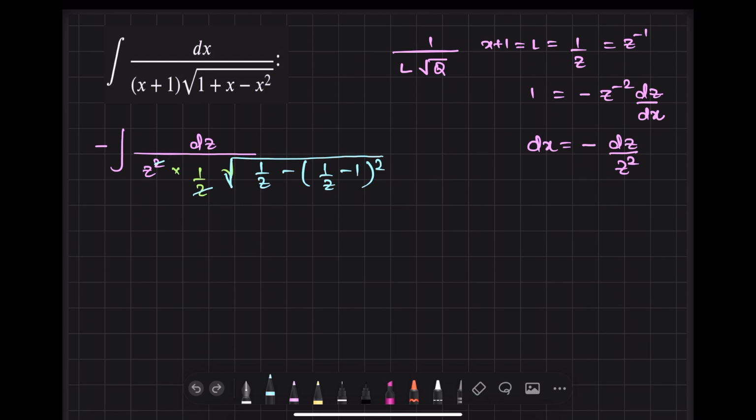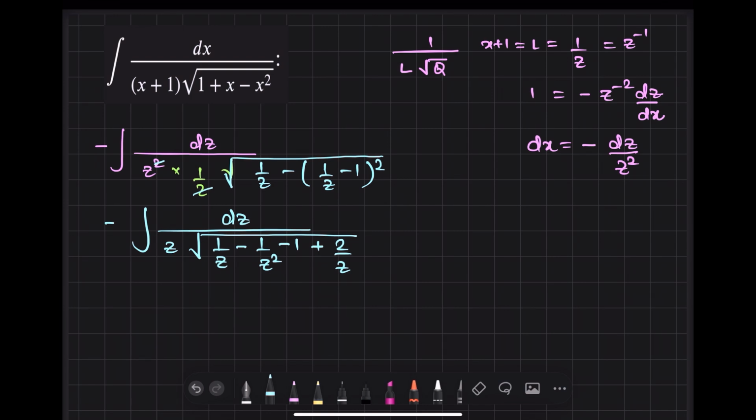So we are left with minus of integration dz by z, and we have 1 by z minus 1 by z square minus 1 and then plus 2 by z. Now take the LCM.